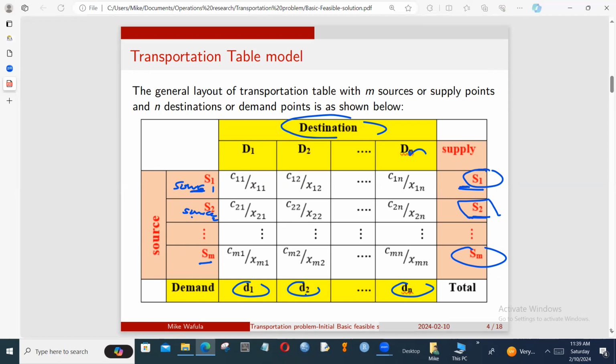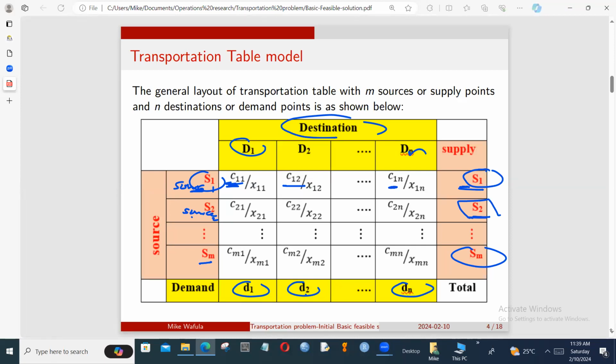Now you can see I have several cells. This first cell, C11, is simply the cost of transporting a unit of a commodity from source 1 to destination 1. C12 is simply the cost of transporting a single unit from source 1 to destination 2. Then this is the cost of transporting a single unit from source 1 to destination N, and so on.